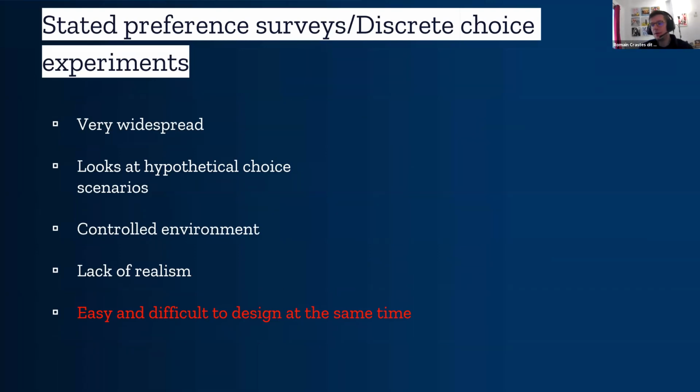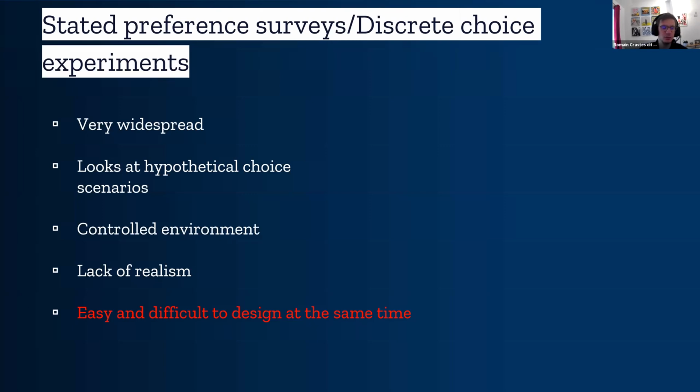And this is very useful to derive, for example, in non-market valuation, willingness to pay estimates. In transport, this can be used to derive value of travel time, which informs policymaking. This can be criticized because it sometimes lacks realism or respondents aren't incentivized to answer the survey truthfully. This isn't something which we're going to discuss much today.